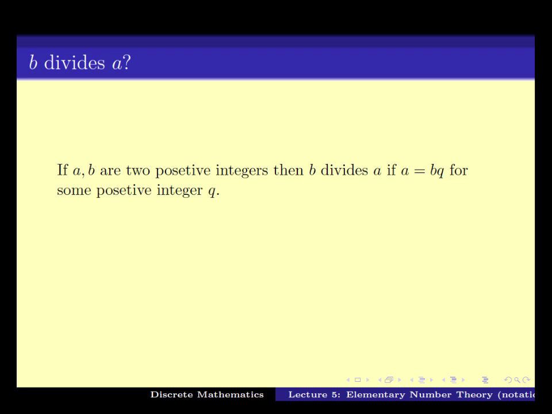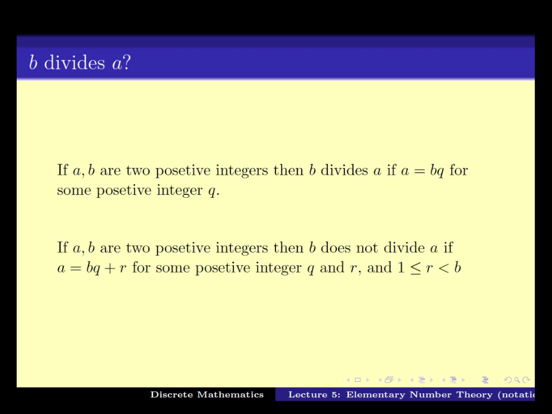Now, this is something I just spoke about. If a and b are two positive integers, then b divides a if a equals b times q for some integer q. And if b does not divide a, that means when a is divided by b, we surely get a remainder r that is not equal to 0, that is, r is greater than or equal to 1 and strictly less than b.